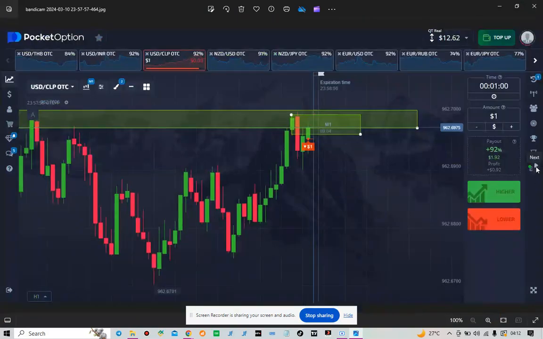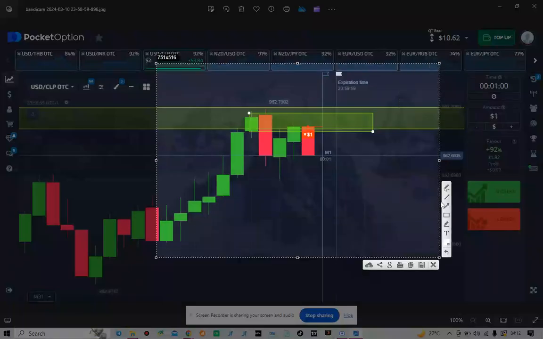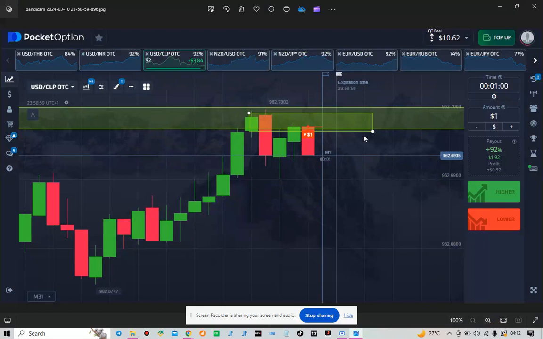So I adjusted the zone, from here to here. There was no gap here, you can see no gap. So the candle closed inside the zone, and I go with sellers again on the next candle. So I won this trade as well. You can see I won this trade.